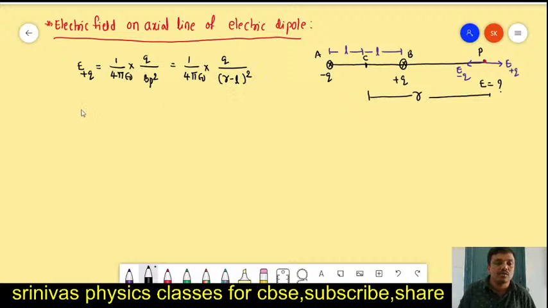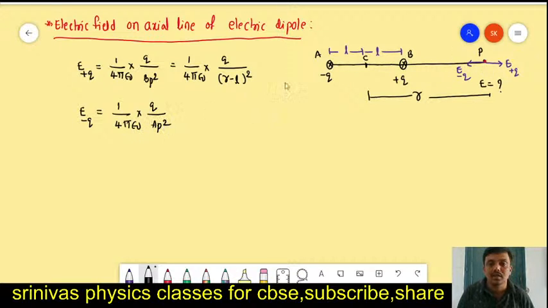And if you want the electric field due to the minus q charge, we write 1 by 4 pi epsilon naught into q. We should not write minus here, because we have to use vector addition; I am writing only the magnitude. For the minus q charge, the distance from point P is AP, so we write AP square.